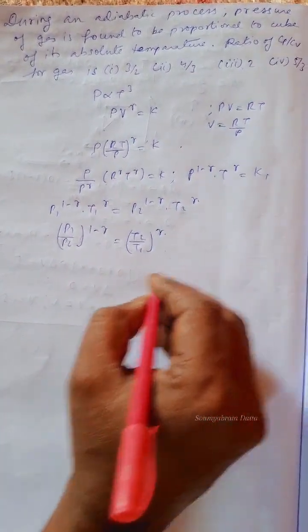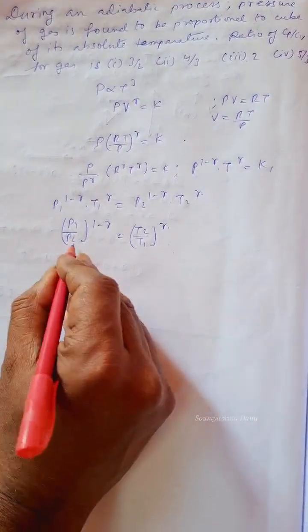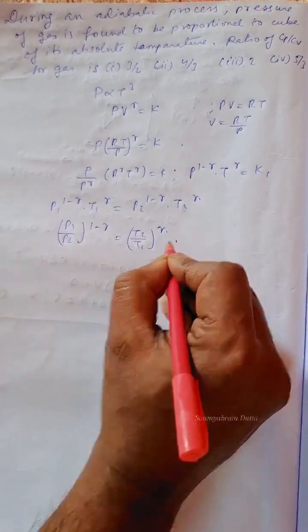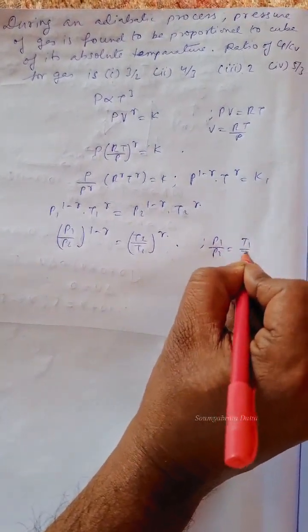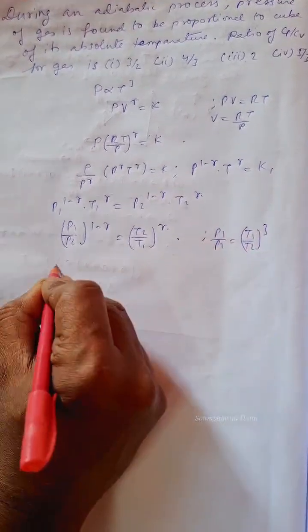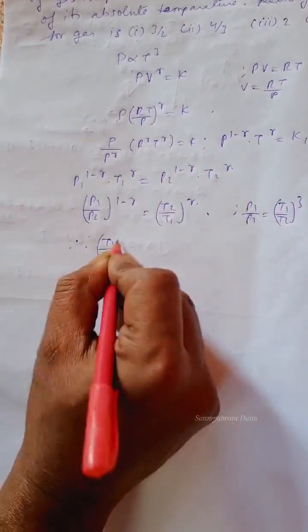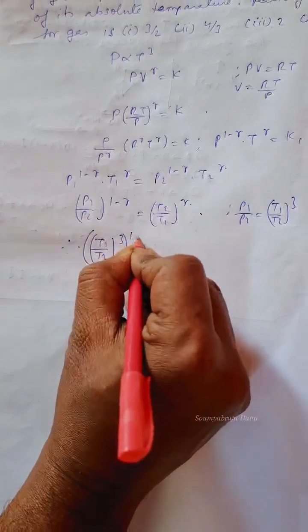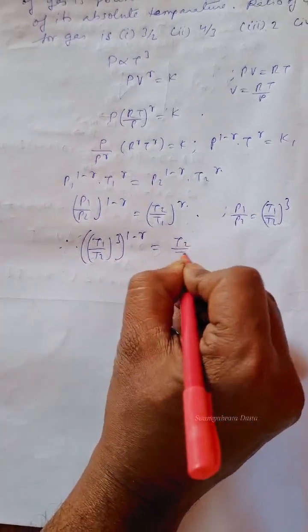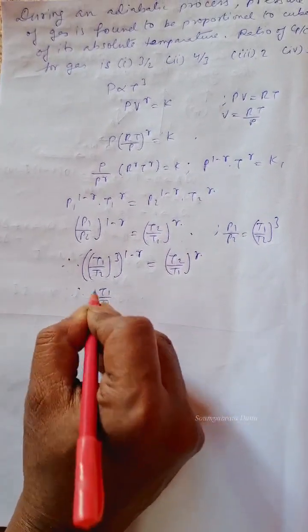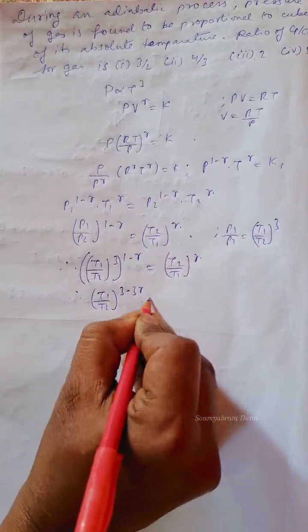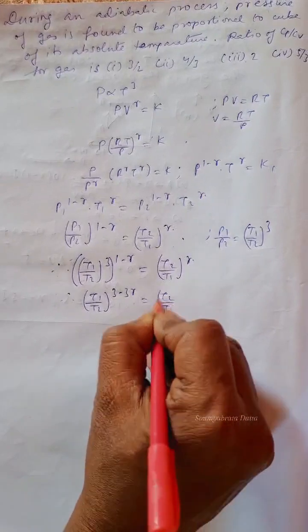Here P varies as T cube, so we can write P1 by P2 equals T1 by T2 whole cube. Therefore T1 by T2 whole cube to the power 1 minus gamma equals T2 by T1 to the power gamma. Therefore T1 by T2 to the power 3 minus 3 gamma equals T2 by T1 to the power gamma.